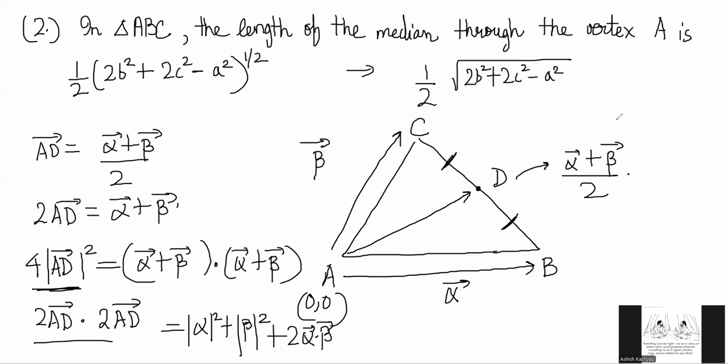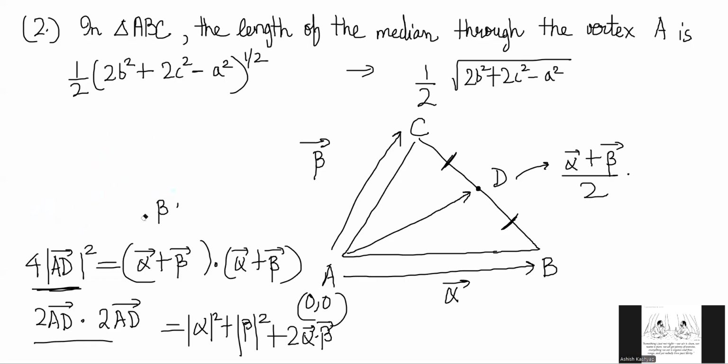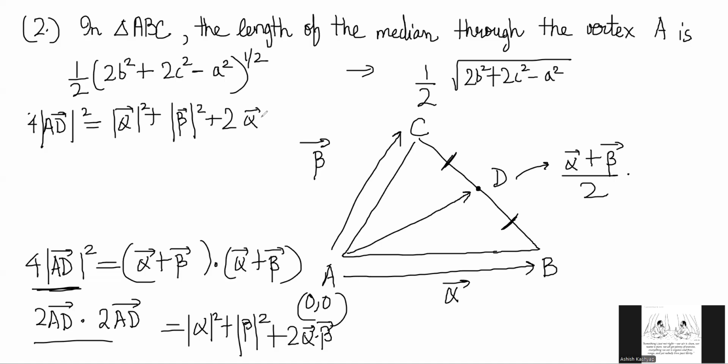So far what we have figured out is that 4 times AD square, I will just write it here, is equal to mod of alpha square plus mod of beta square plus 2 times alpha dot beta, right?